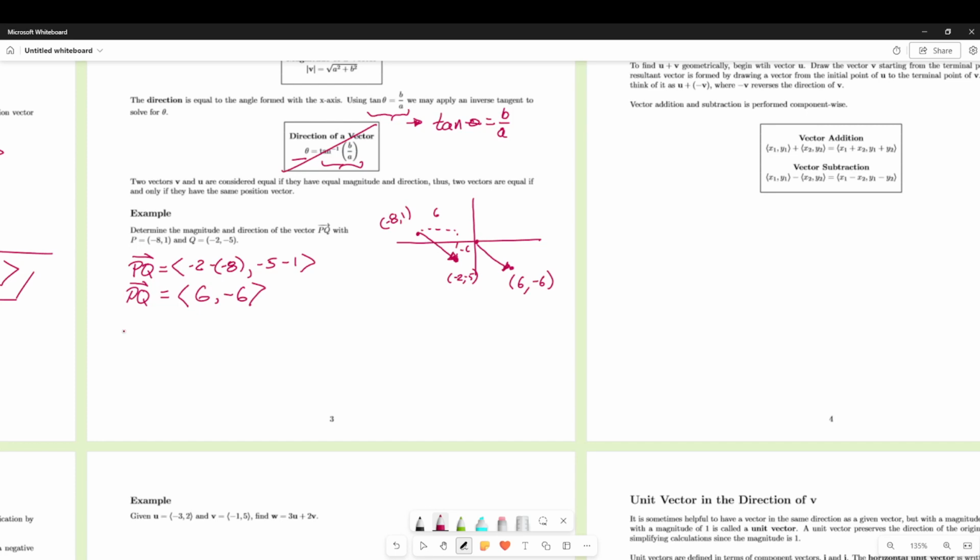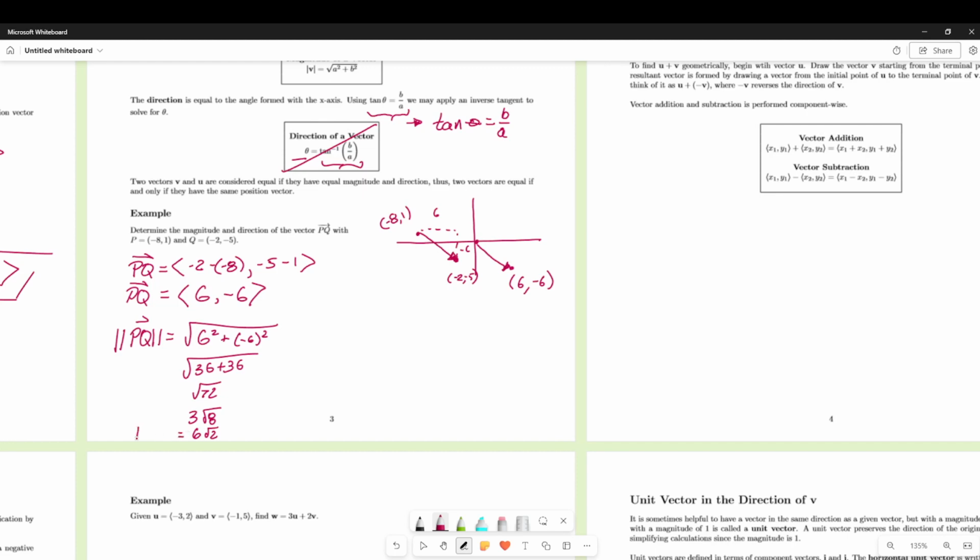Okay, so its magnitude. If we want the magnitude of PQ, we know it's got to be the square root of 6 squared plus -6 quantity squared, which is the square root of 36 plus 36, which is the square root of 72, which is 3 square root of 8, which is 6 square root of 2.